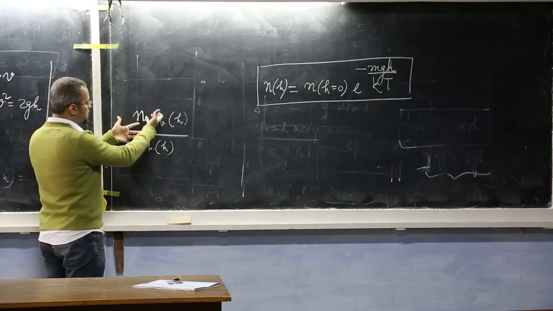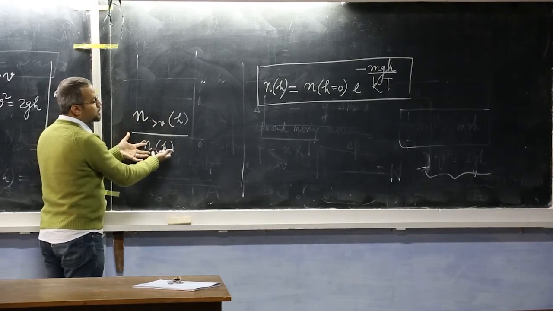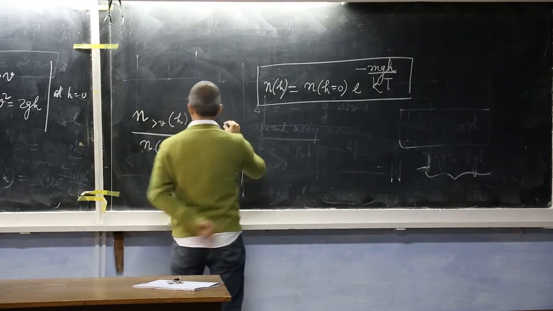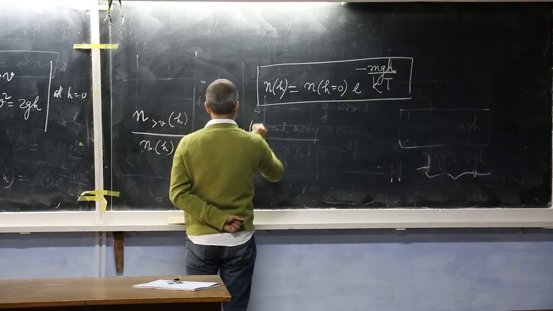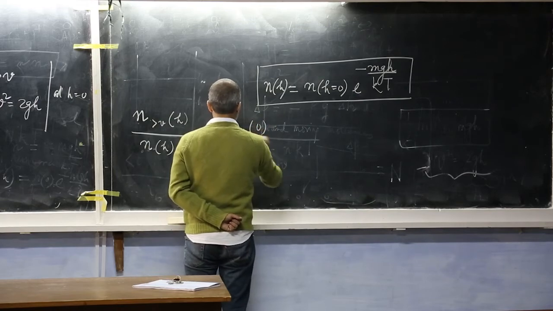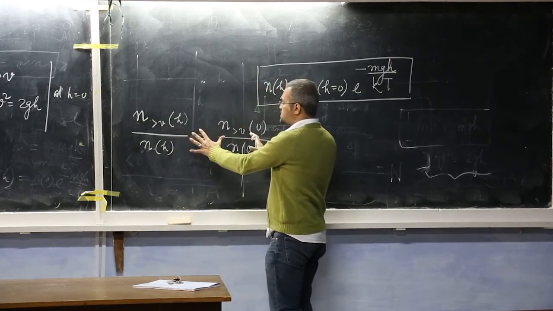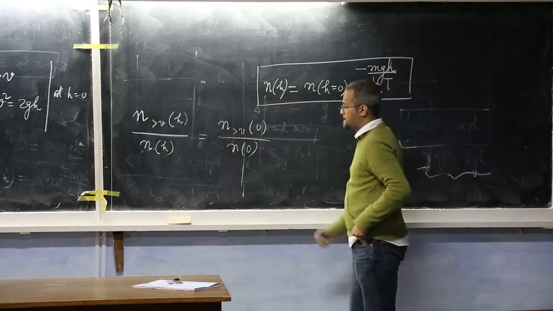It is a ratio of the number of particles with some speed constraint divided by the total. It is like the probability distribution. Now, this we expect to be the same as the number greater than v at 0 by the number density at 0. This is the statement saying that the distribution functions are the same at the two heights.